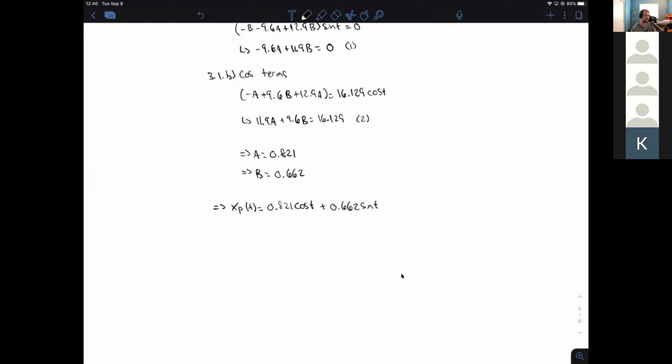All right, so now we have our homogeneous and our particular solution. We're going to combine those into our general solution now, and then we're going to solve for C1 and C2.